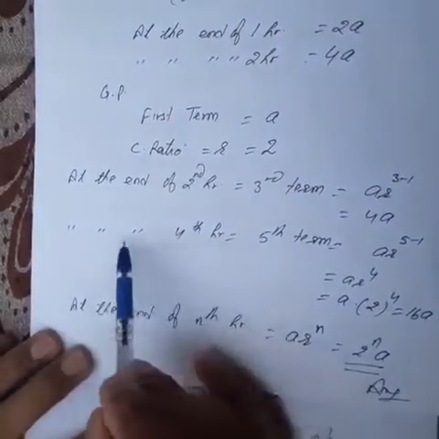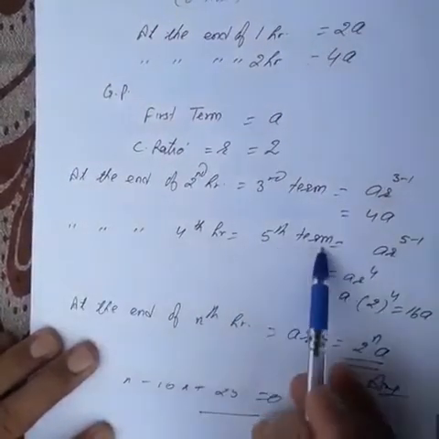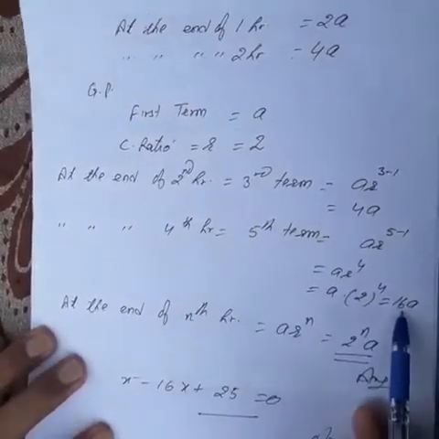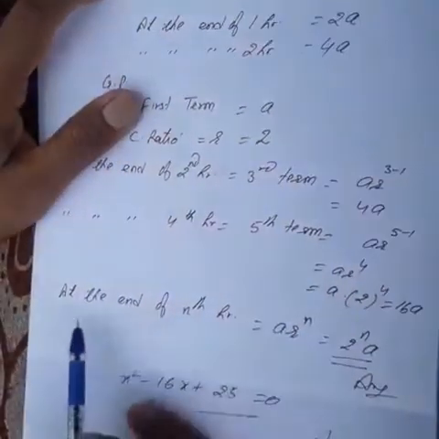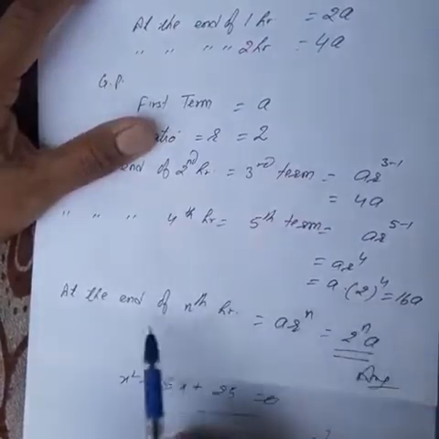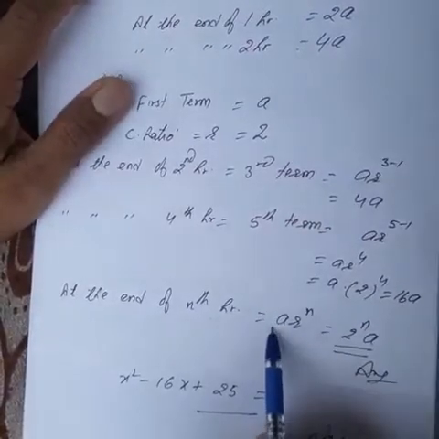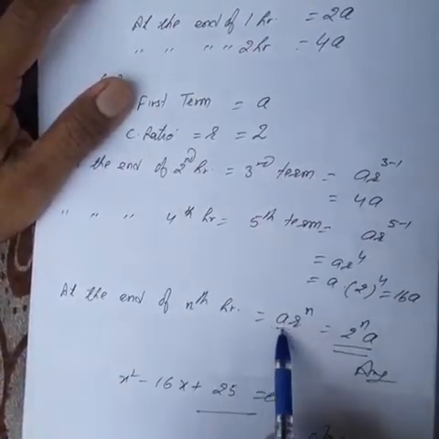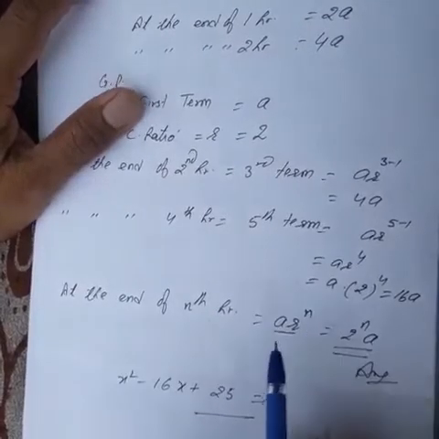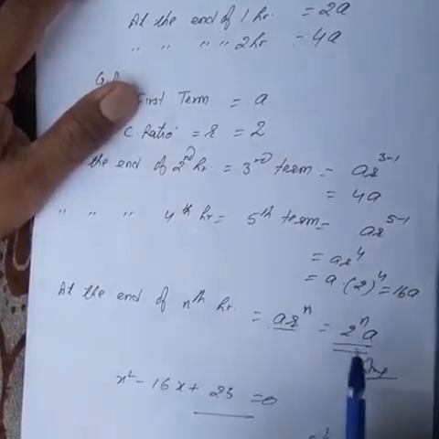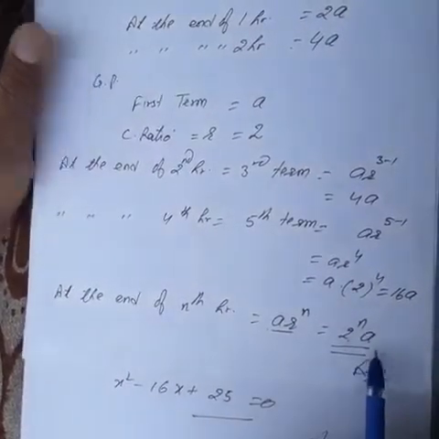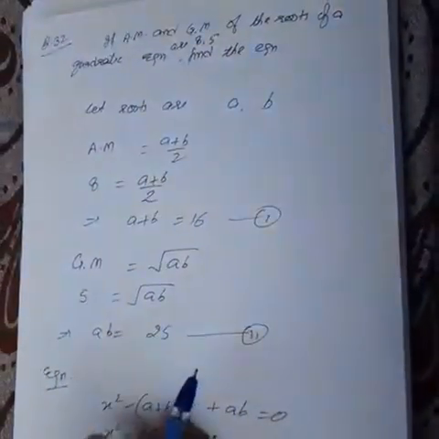Similarly, at the end of the fourth hour, it will be the fifth term, so we can calculate it is 16A. And at the end of the nth hour, it will be the (n + 1)th term. The (n + 1)th term using the formula is A into R raised to the power n. If you put the values, it will be 2 raised to the power n into A. I hope it is clear.